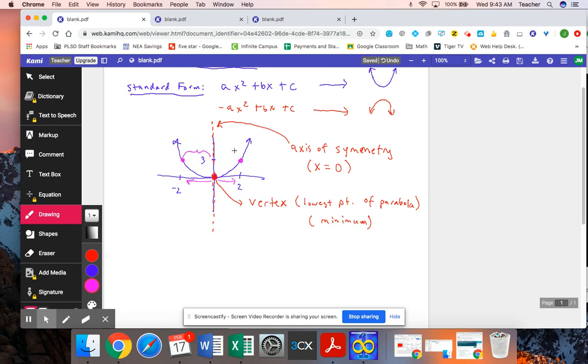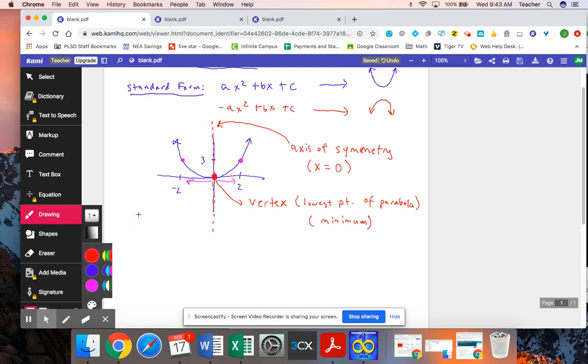This amount and this amount are the same, and you see that they end up at that 3. All right, so not only do I know that the parabola will go up forever in this case and has a vertex down here, which is a minimum, it has an axis of symmetry that goes through that vertex.